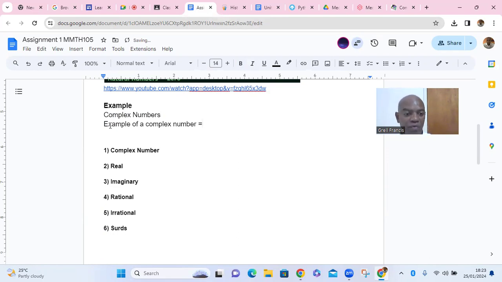I might even do that for all the questions as we go along. An example of a complex number would be, let's see, 8 plus 12i. You can put the i in italics or you can leave it straight up, but most times it's advisable to put it in italics.